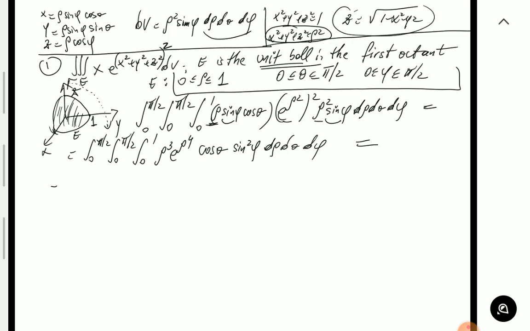If you remember from previous topics, since I have constant bounds and everything splits into a product in the 3 variables, the triple integral becomes the product of 3 single variable Riemann integrals. The one in rho is rho cubed e to the rho fourth d rho.